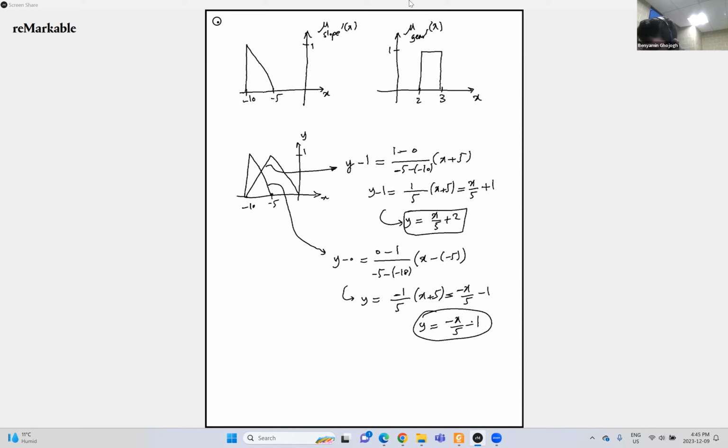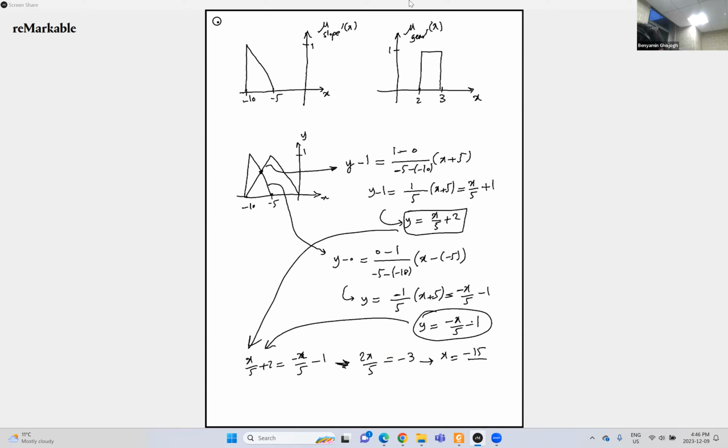Now we need to intersect these two lines to find this point, right? So if I intersect them, this one and this one, then x over 5 plus 2 equals -x over 5 minus 1. Then 2x over 5 equals minus 3. Yes, x equals minus 15 over 2.